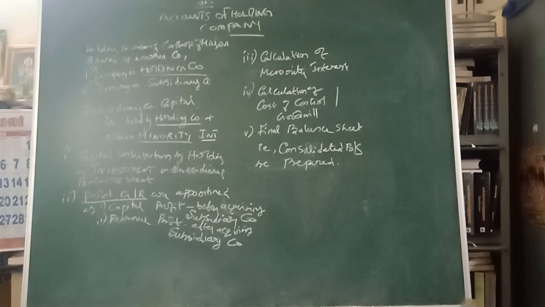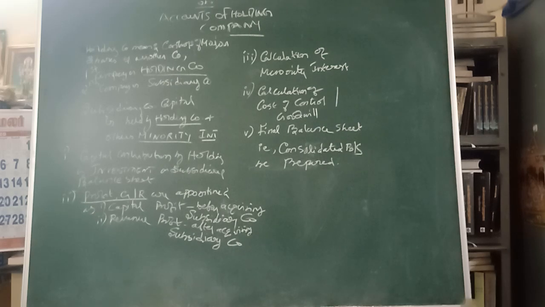Then the capital contributed by the holding company is normally the investment in the subsidiary company. The capital of the subsidiary company, contributed by the holding company, is the investment of the holding company in the balance sheet.